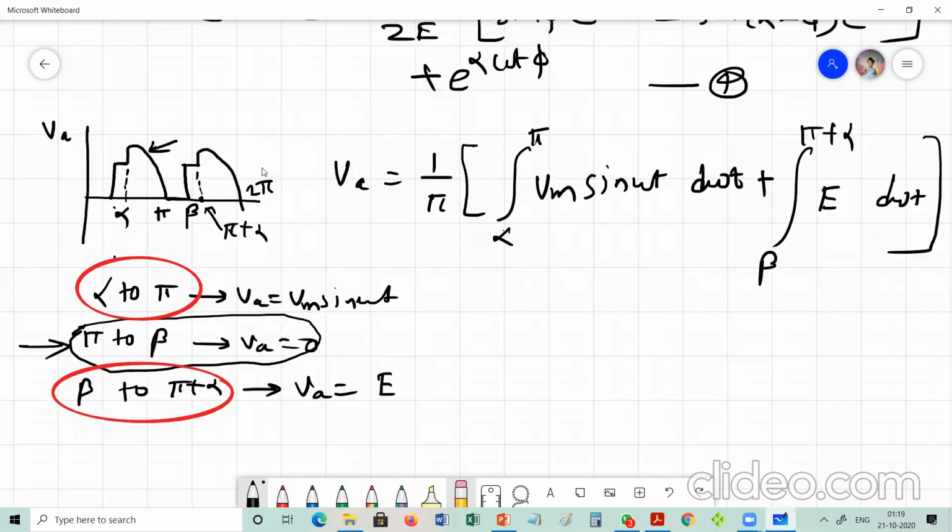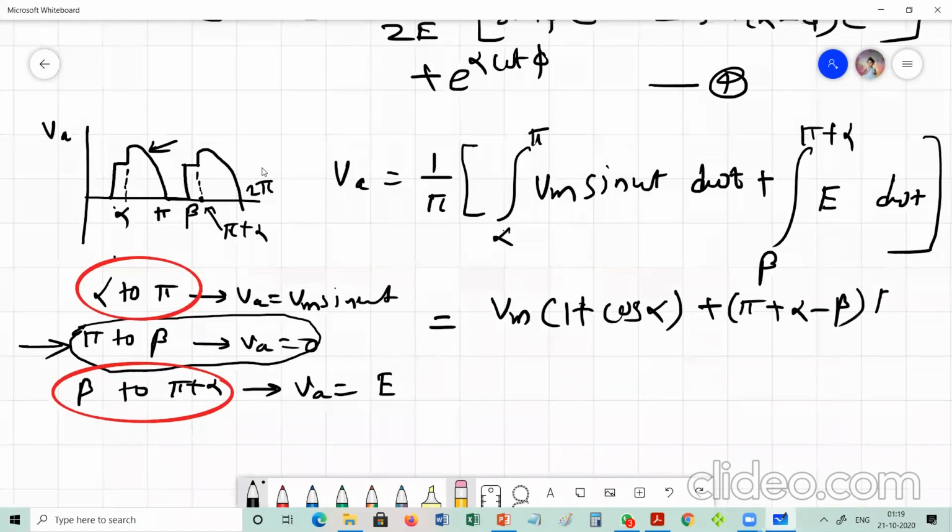When you solve this, you will get Va is equal to Vm into 1 plus cos alpha, plus pi plus alpha minus beta into E, divided by pi.